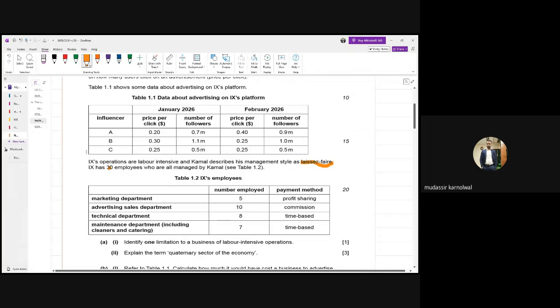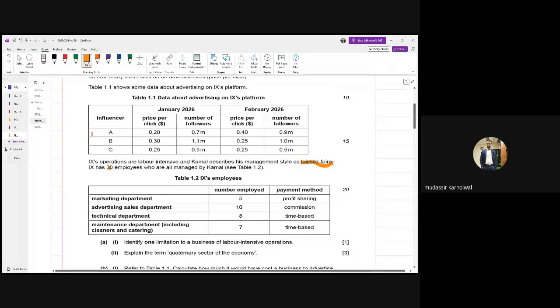Okay. Now, first question, which is for 1 mark. Identify one limitation to a business of labor intensive operations. Okay, now it's very easy. Whenever they talk about labor intensive operations, it is human based.